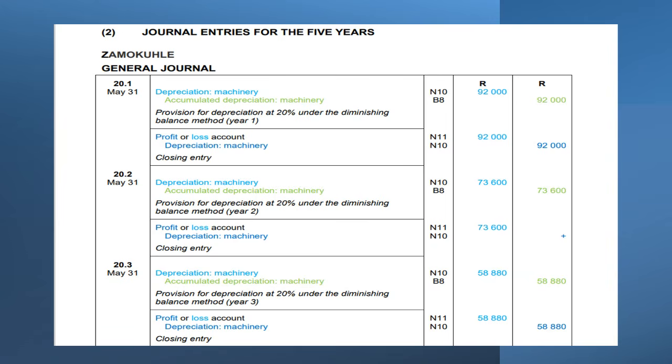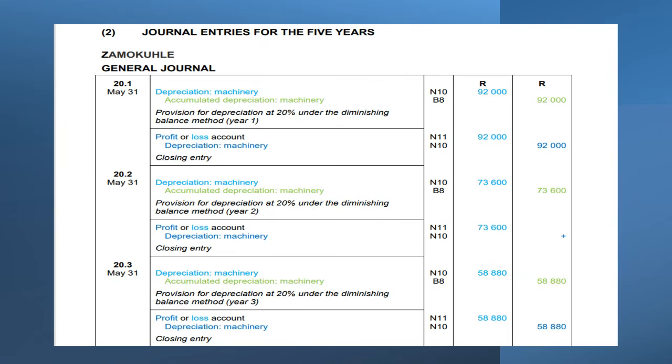And you also do the closing off. On the closing off, you need to credit your depreciation expense, because when you're closing off the expense, you need to credit the expense and debit your profit or loss account by how much? 92,000 and 92,000. Year 2, remember, under the diminishing balance method, we found out that our depreciation was 73,600.